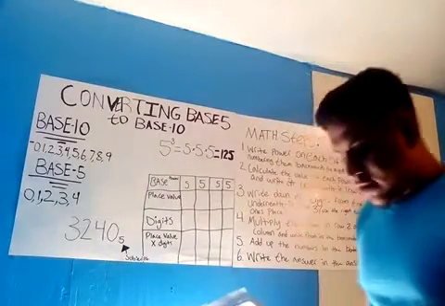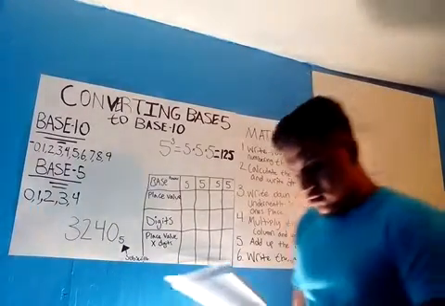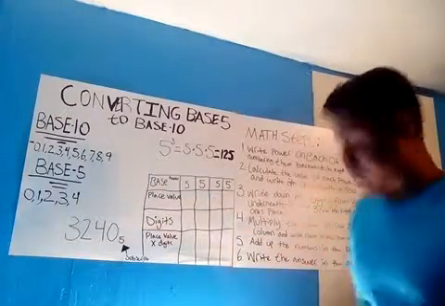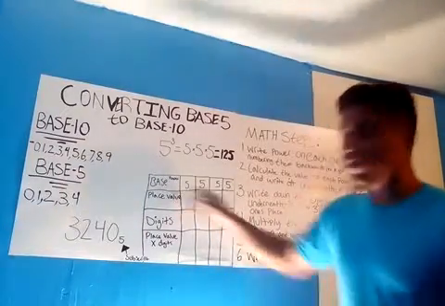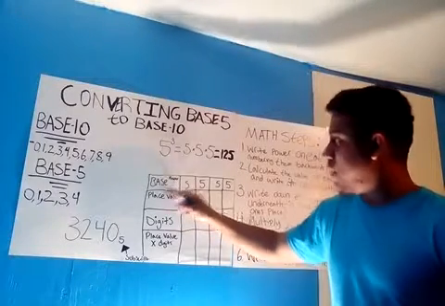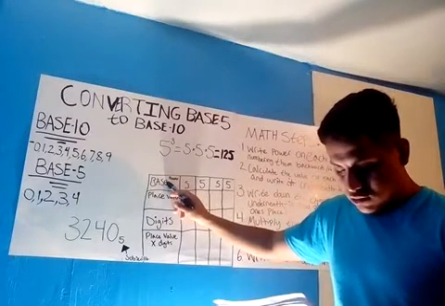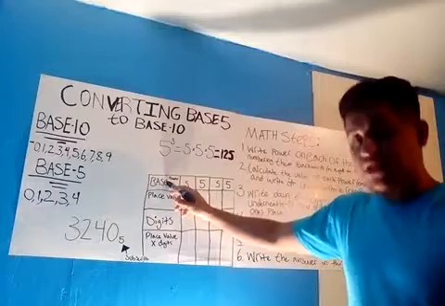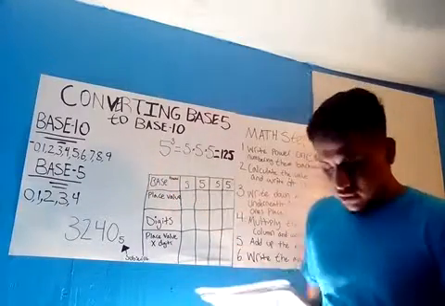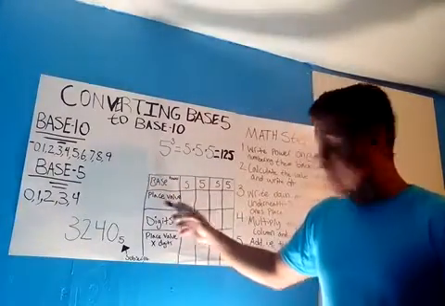We'll be using tables to do our calculations. So this is the table I already had pre-drawn, okay? The first row is what you call the base power. It is the base raised to the power, in this case, base 5. Next row is the place values.